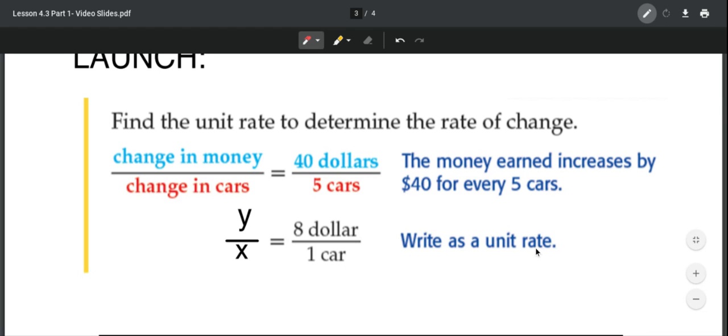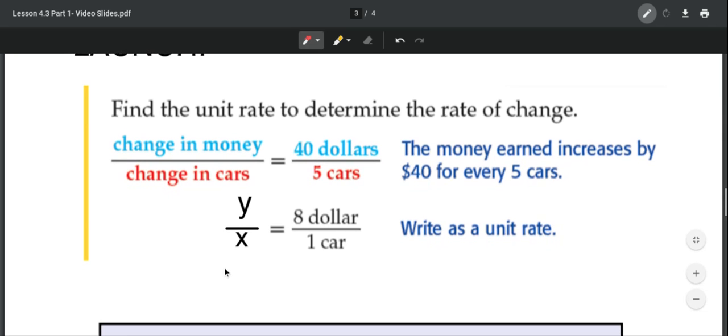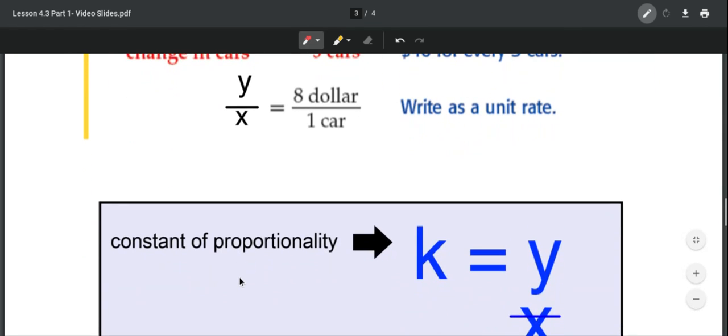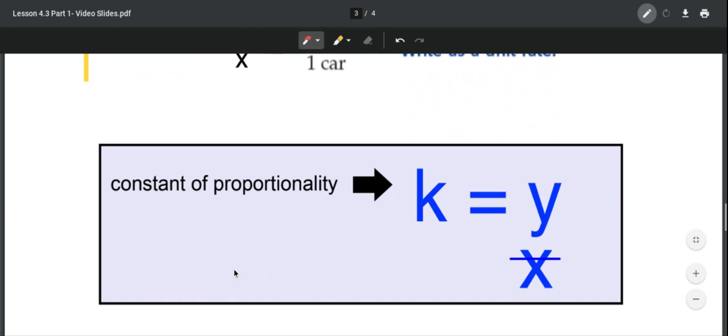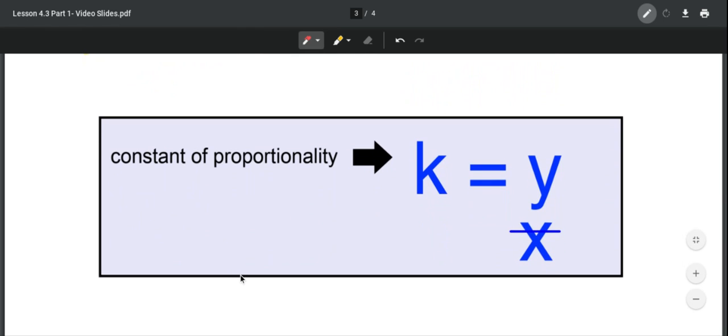Therefore, the unit rate is written as $8 for 1 car, or Y over X. Your constant of proportionality, represented by the letter K, would be equal to your Y coordinate divided by your X coordinate.